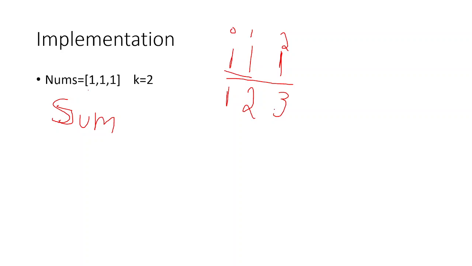So in this, can you find the values? If you want to find k value 2, you can easily find it. That is, this one, and 3 minus 1, that is this one, right?